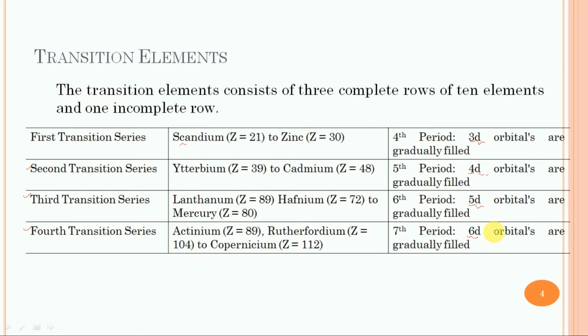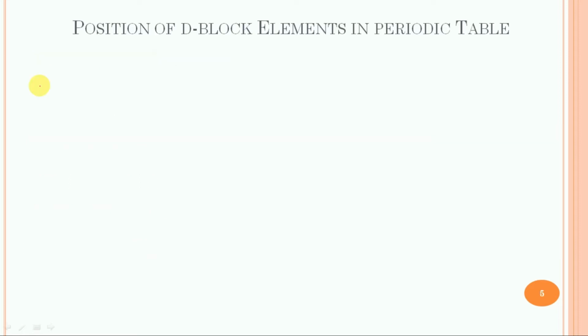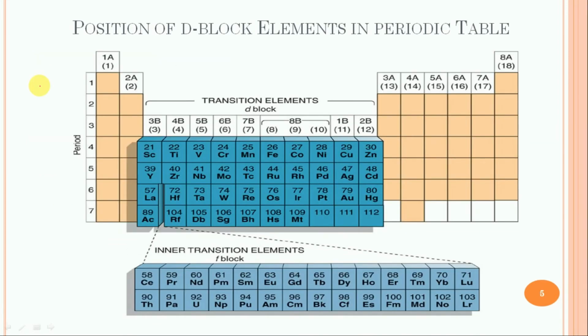So it is all about the various transition series, and the position of d block elements in the periodic table. So this one is the modern periodic table. On the left hand side, this one is the s block element. On the right hand side, this one is the p block element, and in between s block and p block, this one is the d block element.